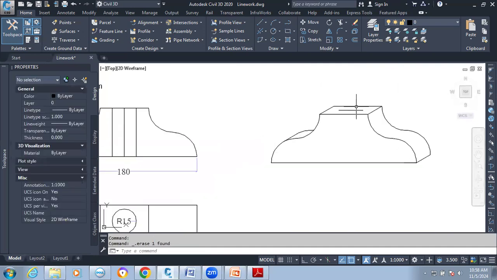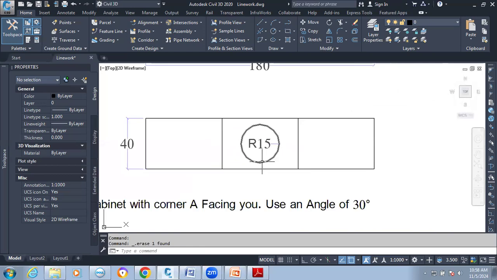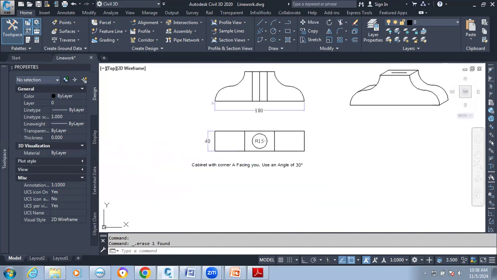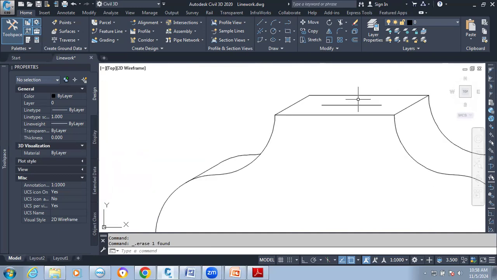The only problem is that going back 15 would be half the radius. So if the radius is 30, the whole line going back would be 15. Can move this line across from the center point.